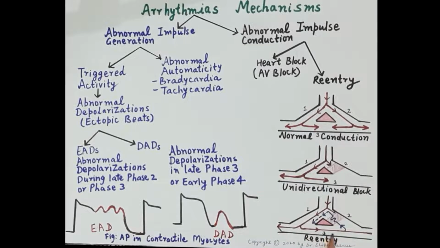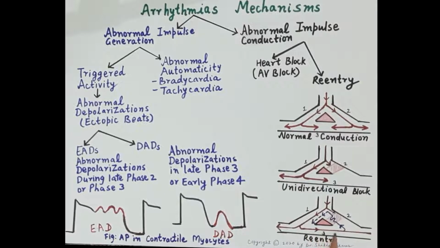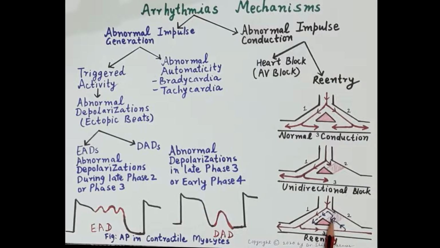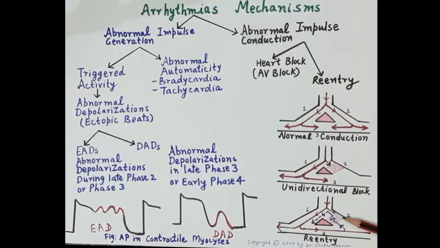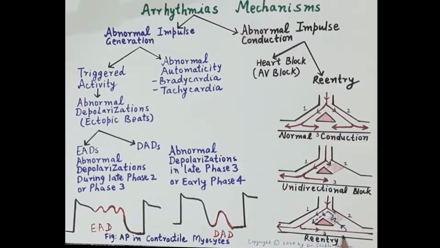Now what happens is that this depolarization wave re-enters branch 2. And why does it re-enter branch 2? Because this block is the forward block. It is not a backward block. So this impulse, or the depolarization wave, can move in the backward direction. It can move from path 3 towards path 2.